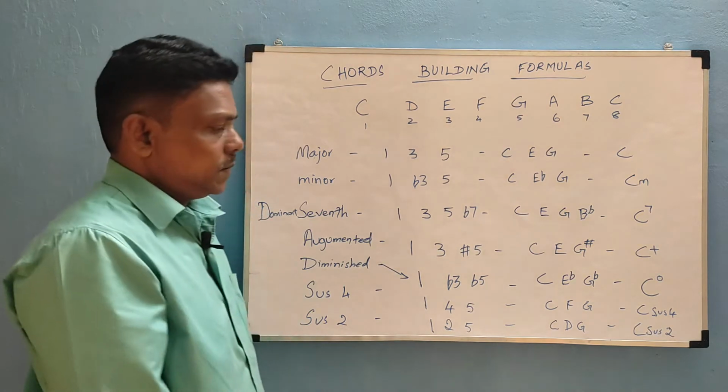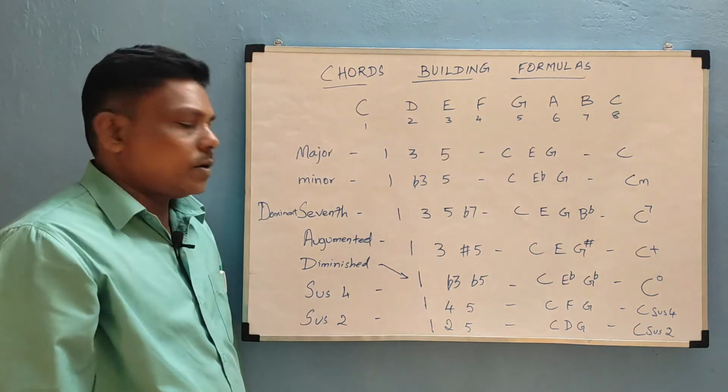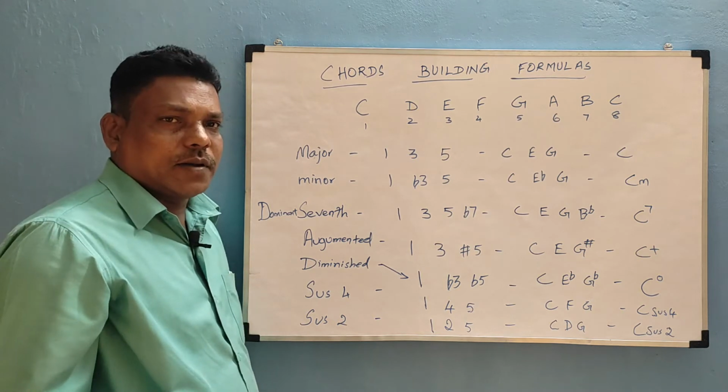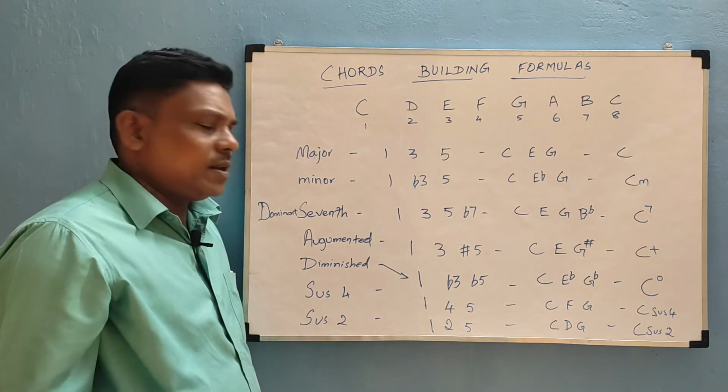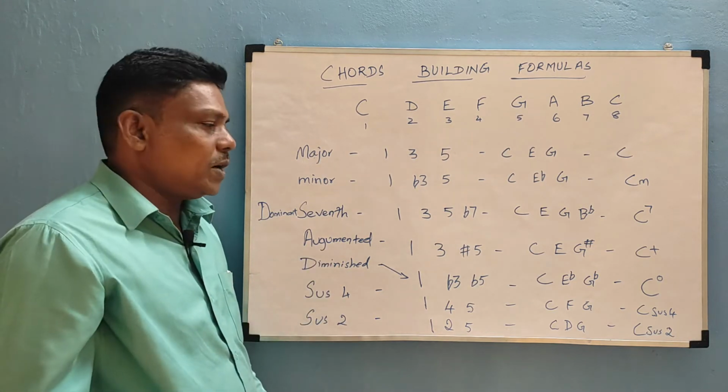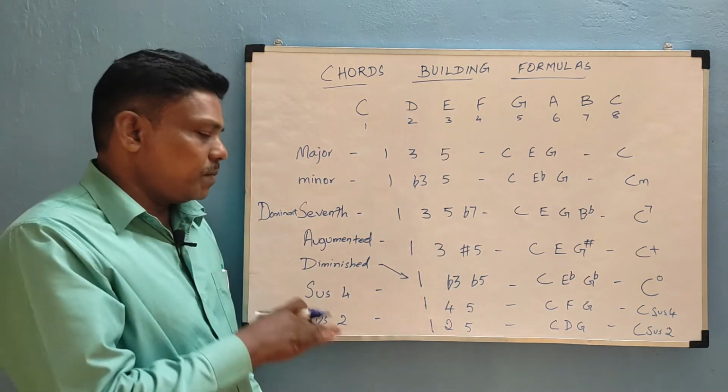Okay, this is the way you have to build the chords. For other chords like 9th, minor 7th, major 7th, 11 and all, I have given it in the document clearly. Please download it and try building these chords.